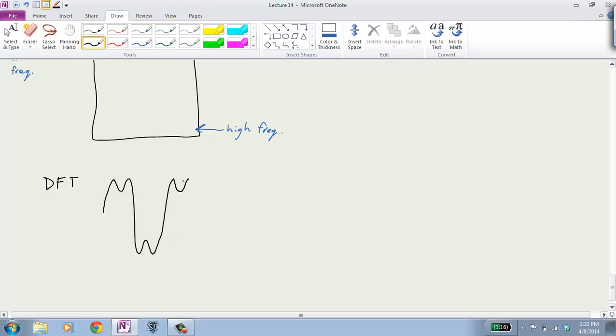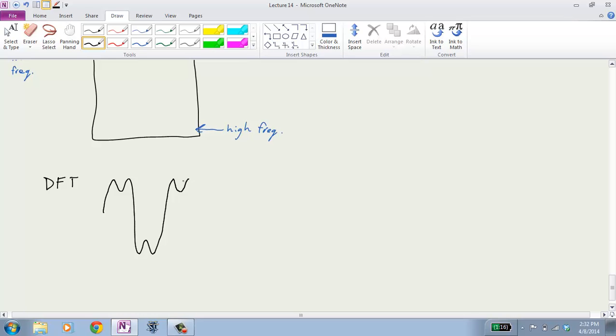Suppose you have a signal like this, and it's really discrete, but with so many points I'm drawing it like it's continuous. But it's discrete in time, and you do a DFT to it.